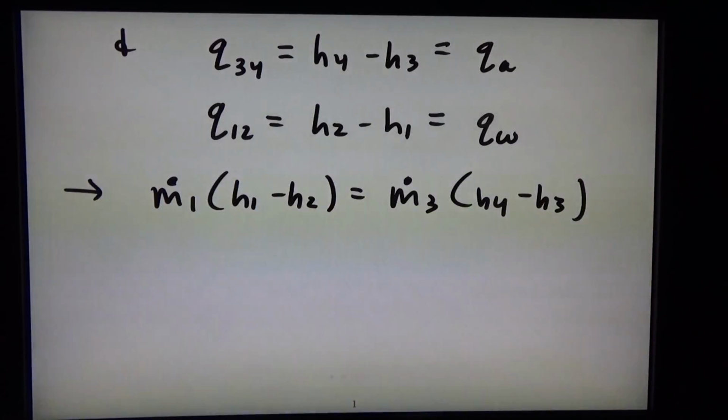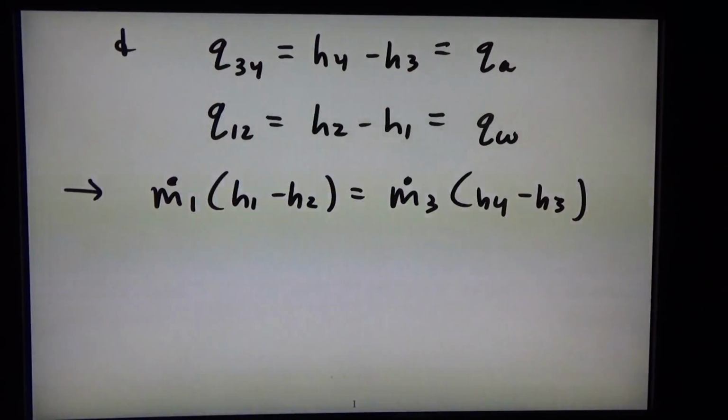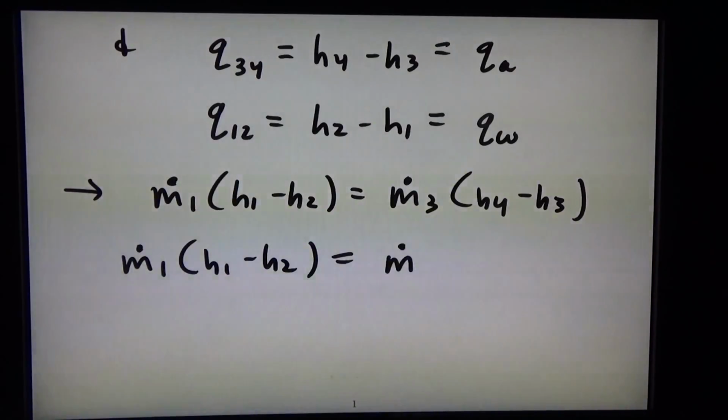Alright, so here we have basically some enthalpies. We have h1 and h2 that we would need to look up for the water. For h4 and h3, we don't look up enthalpies for air. We do delta h of the air. We approximate using our constant specific heat analysis. So we approximate delta h of an ideal gas as c sub p times delta T, so we would have T4 minus T3.